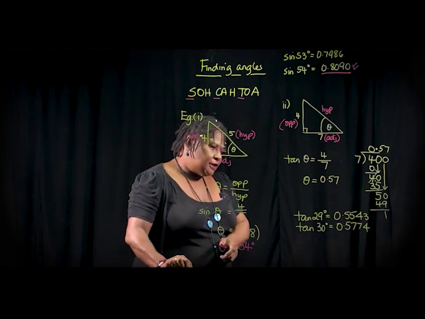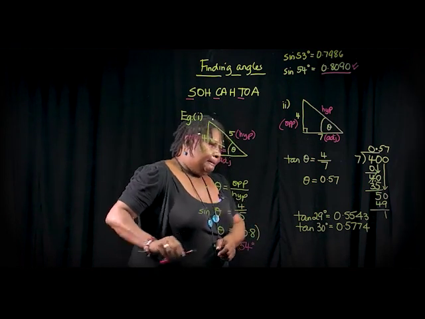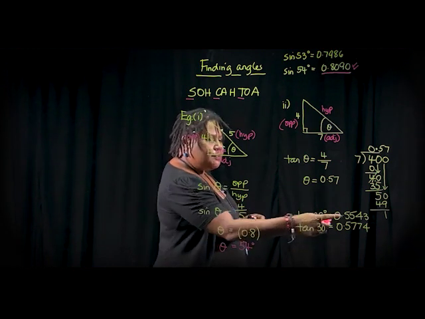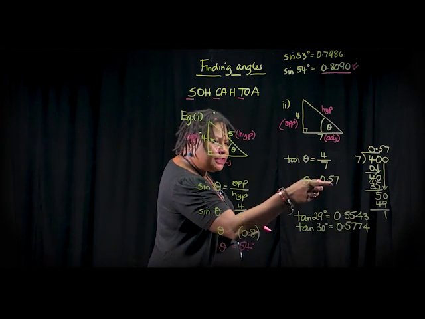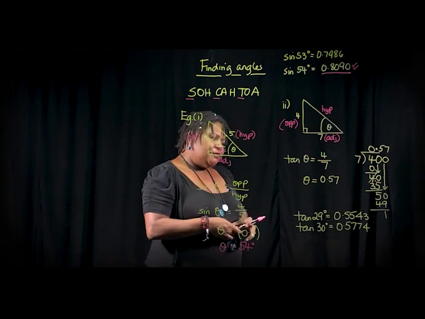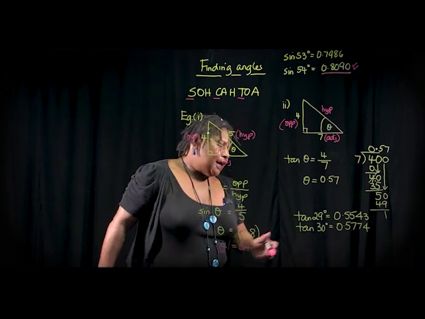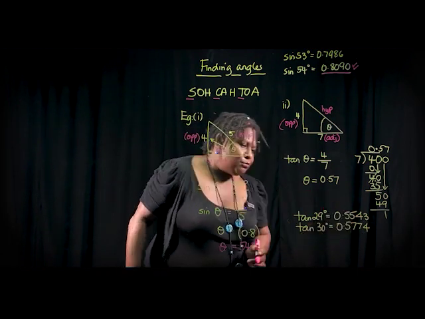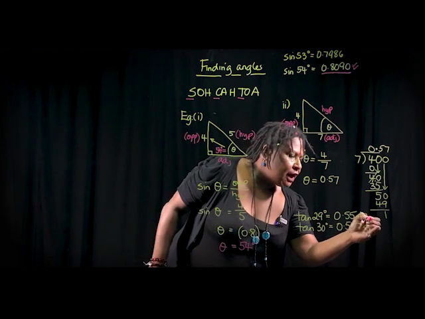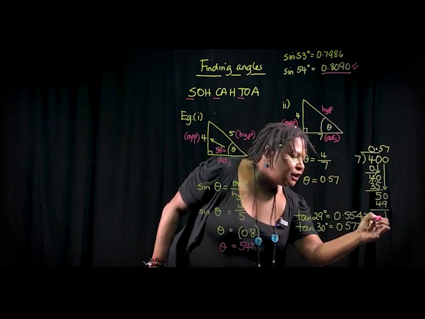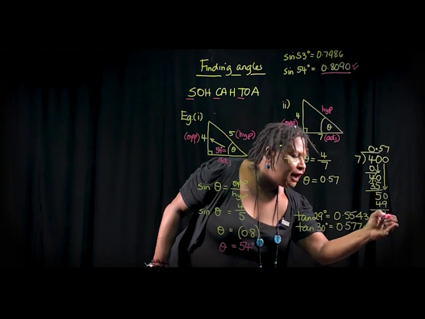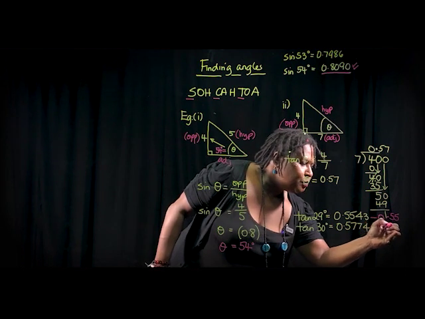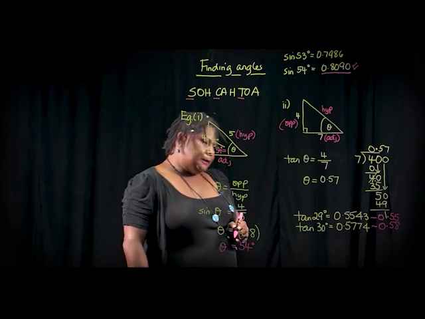Now, from the two angles that are shown, which of these angles gives a tangent value closest to 0.57? If I were to round this off to the nearest two decimal places, now this would give me 0.55, and this one would be 0.58.